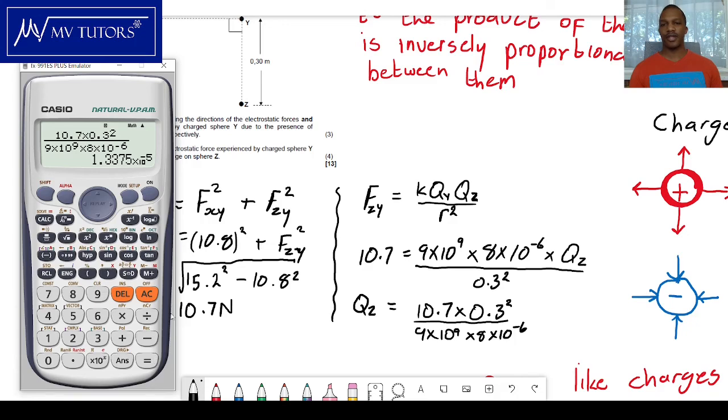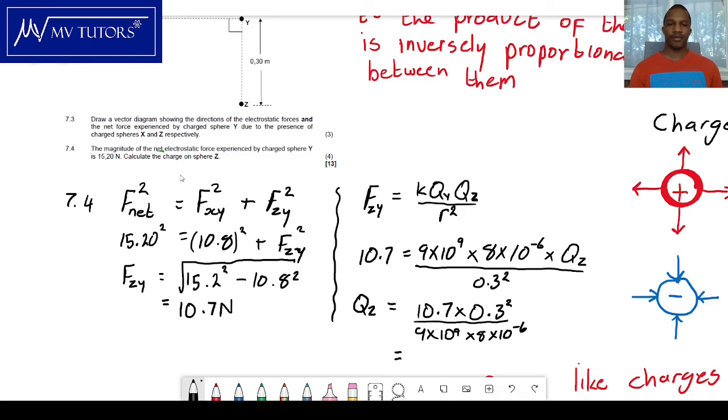Okay, what do we get now? 1.34 times 10 to the power negative 5. And what are the units for charge? It's coulombs. That is our final answer.